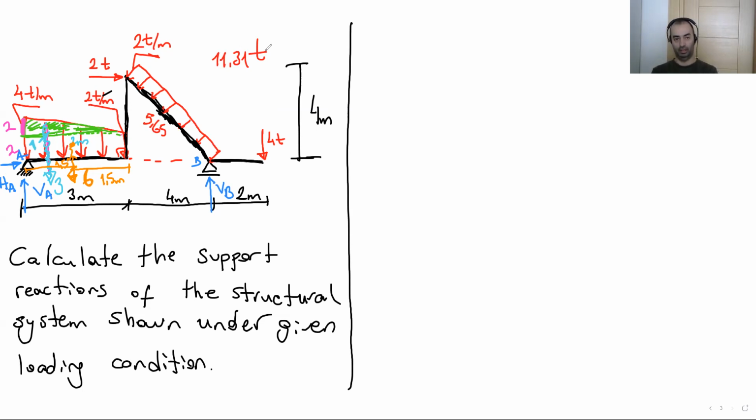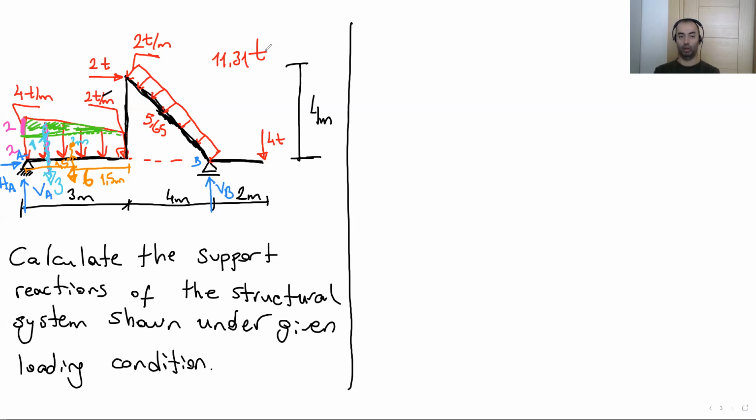That's the question here. We have a uniform distributed load, and you get a better understanding of how we calculate its magnitude. That's easy. Calculate the area, 2 times 5.65. That's okay. We have 11.31 ton.